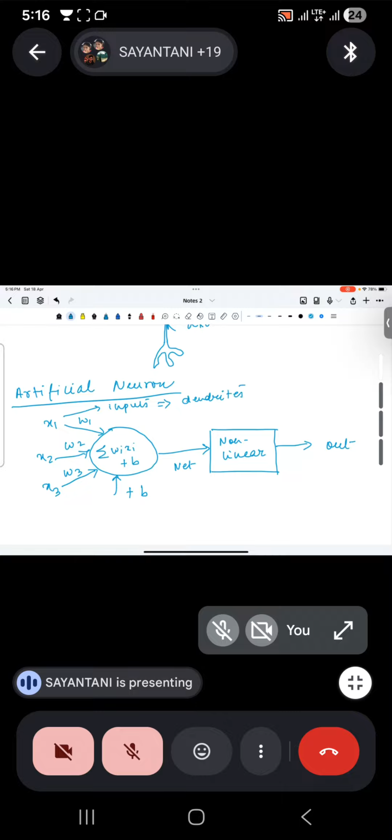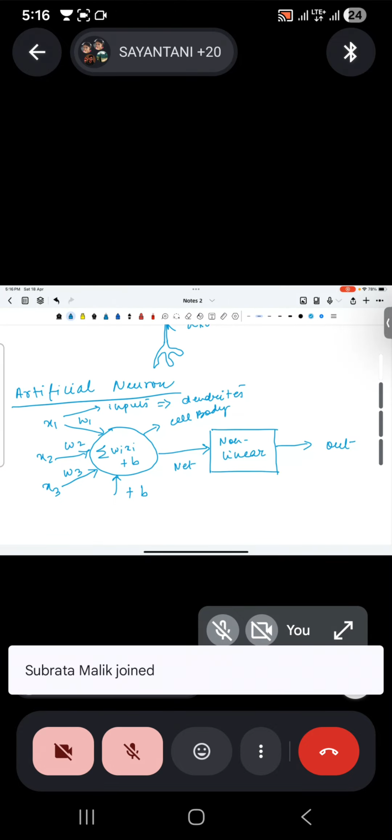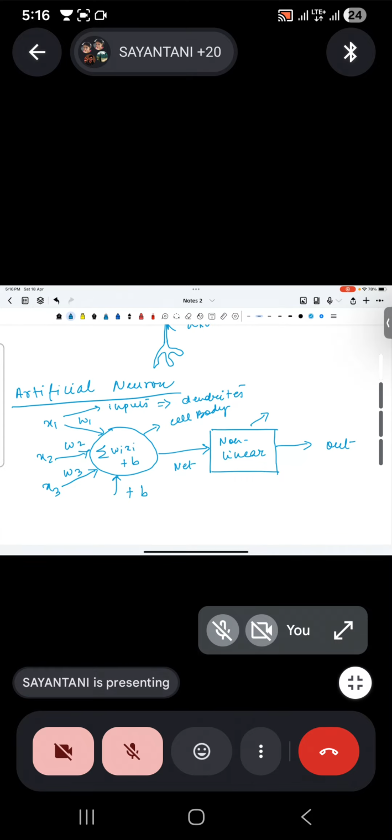Dendrites are collecting the information from your muscles and other parts of the body, right? Now the summer is acting as the cell body, and the non-linear unit is your synapse, and this net value is nothing but your axon.